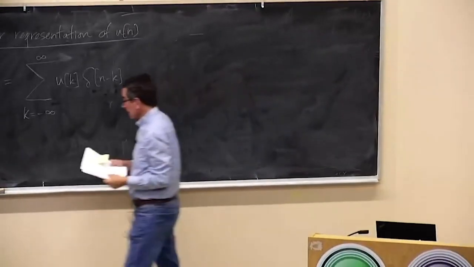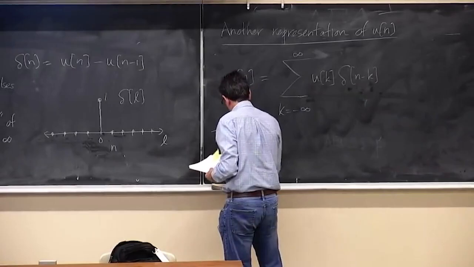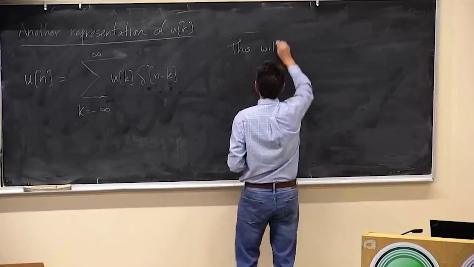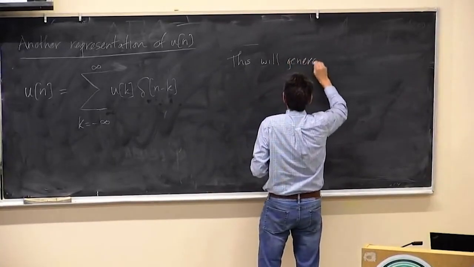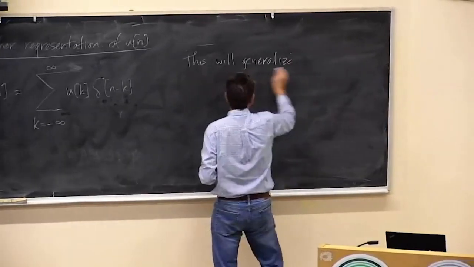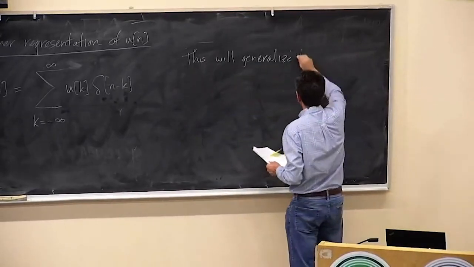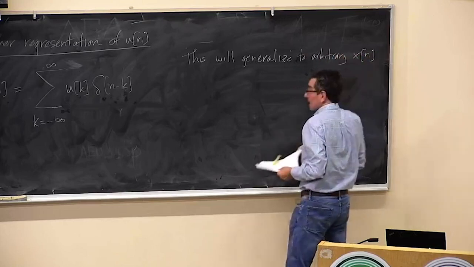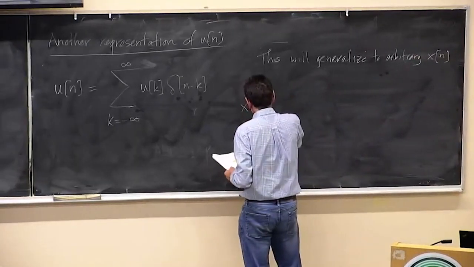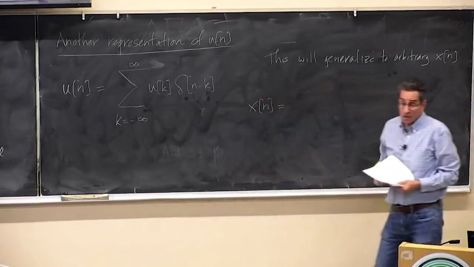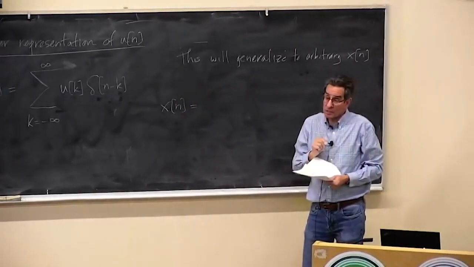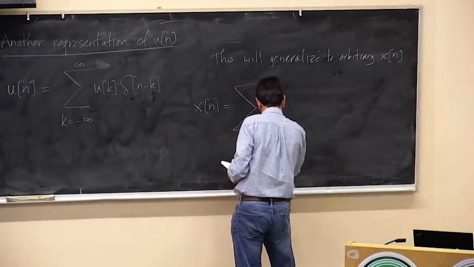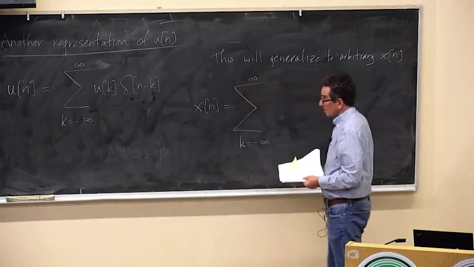And what we're going to see is that this will generalize, and the reasoning is exactly the same, to arbitrary x of n. We can represent an arbitrary discrete time signal as a linear combination of time-shifted impulses. And we do it exactly the same way we did it for u. We plug in x of k.